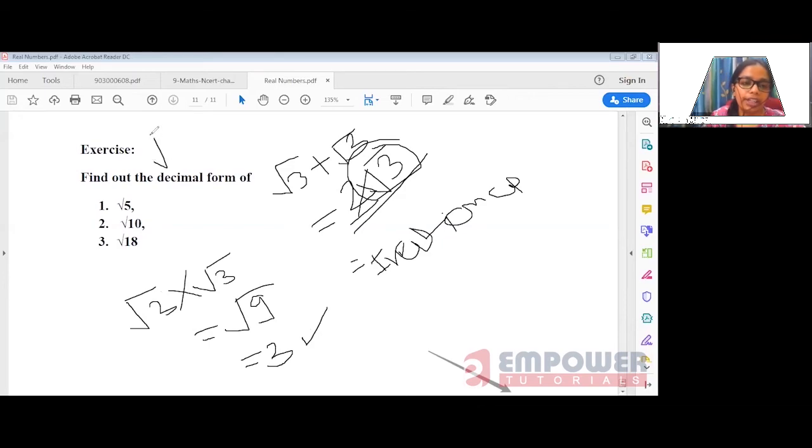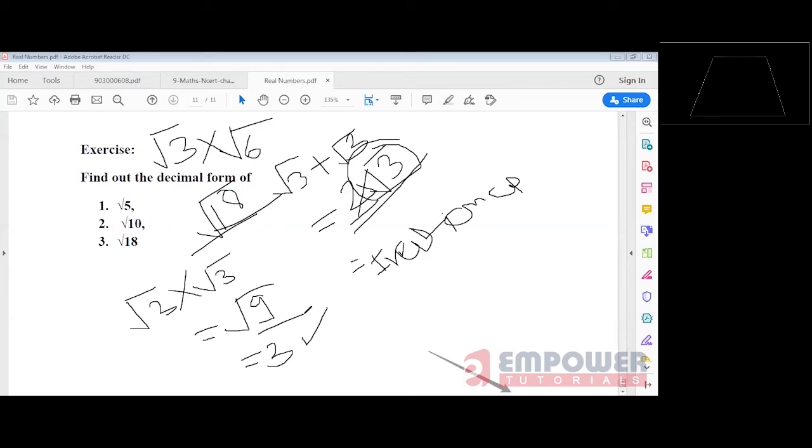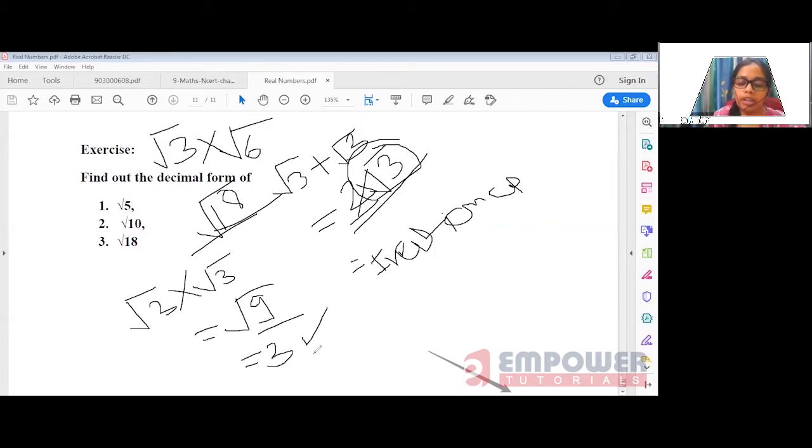See, if you are taking 3 root 3 into 6 root 6, in this case you will get something like root 18. So is this a rational or irrational number? Irrational number, because 18 is not a perfect square. But in the earlier case you got a rational number. So you cannot say that after multiplying two irrational numbers you will get a rational or irrational number.